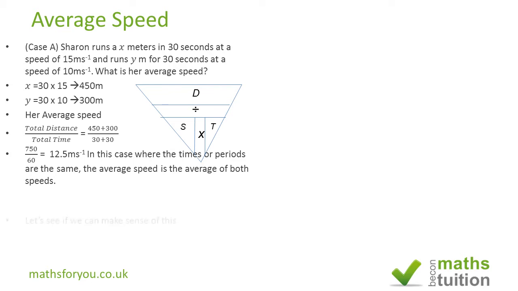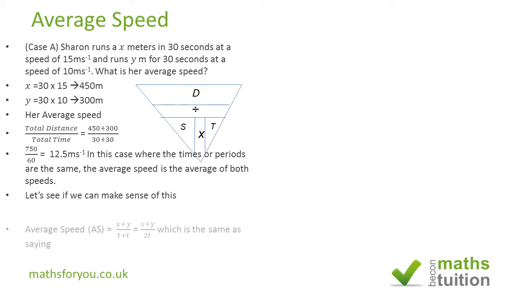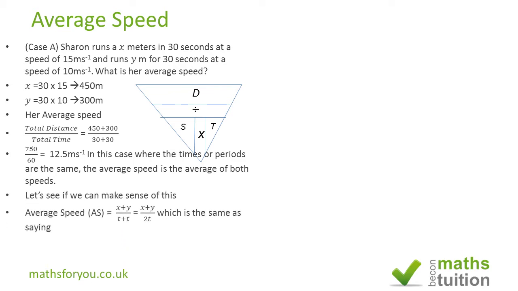Now, let's see if we can derive this. The average speed is, again, the total distance divided by the total time. The total distance is X plus Y, and the total time is 2T, because T plus T is 2T. We now have to isolate the half, so we end up with a half into X over T plus Y over T. Now X over T is this speed here, 15 meters per second, and Y over T is this speed here, because distance over time gives us the speed.